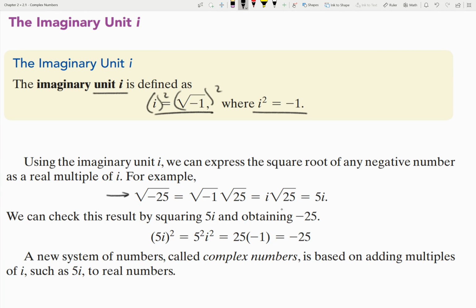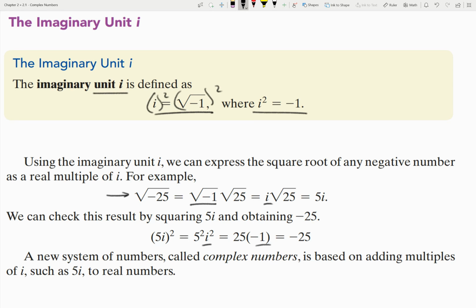By definition, the square root of -1 is i, and the square root of 25 is 5, so it becomes 5i. You can check this by squaring 5i: since i squared is -1, we do get -25.